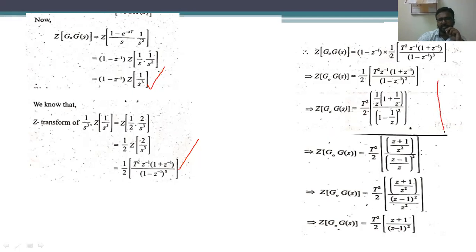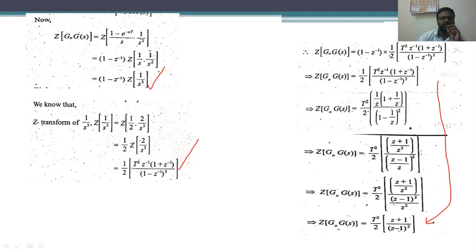So upon certain calculation, we obtain the z transform of g naught into g of s as t square divided by 2 into z plus 1 divided by z minus 1 square.